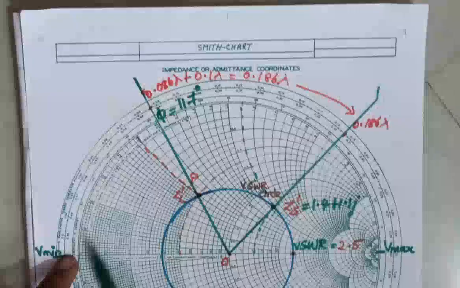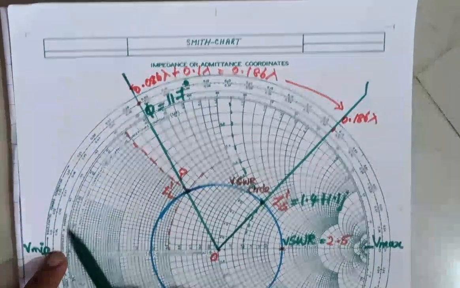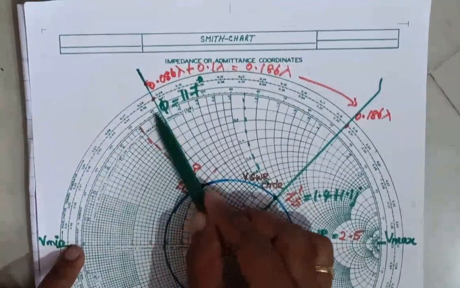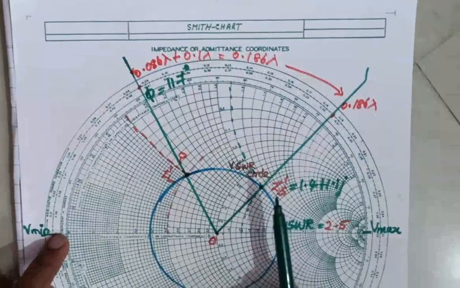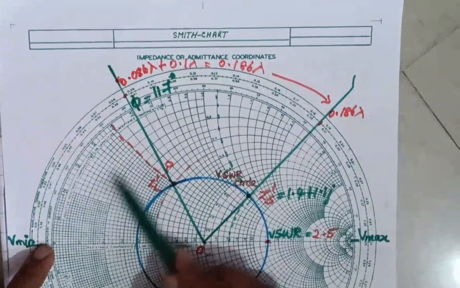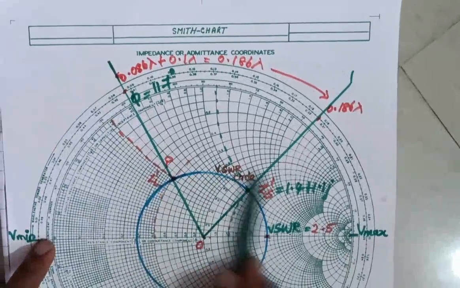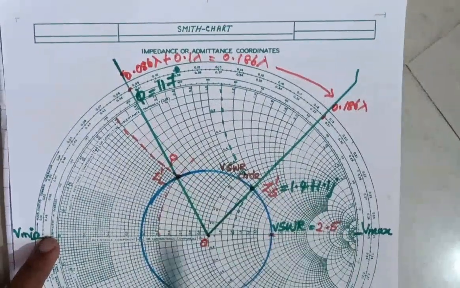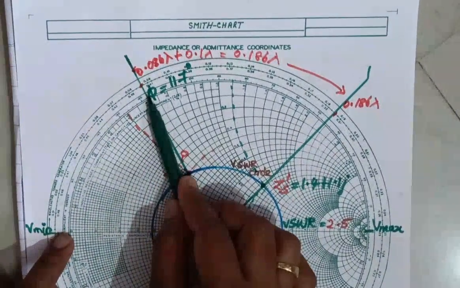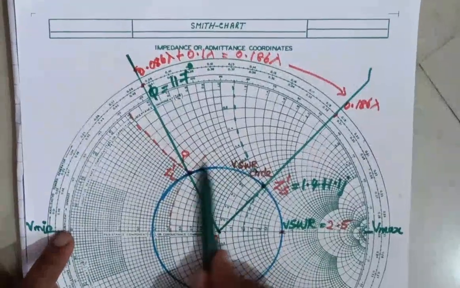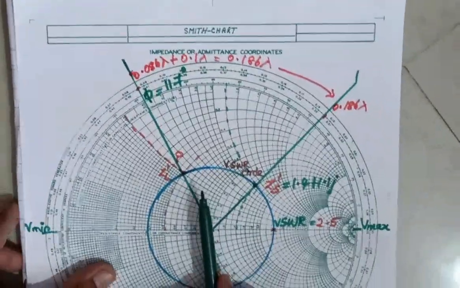So when we subtract this value from 0.25 lambda, we get this point, the position of voltage maximum from the load.